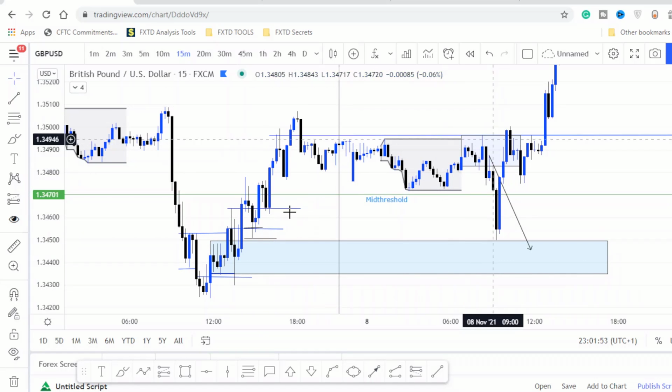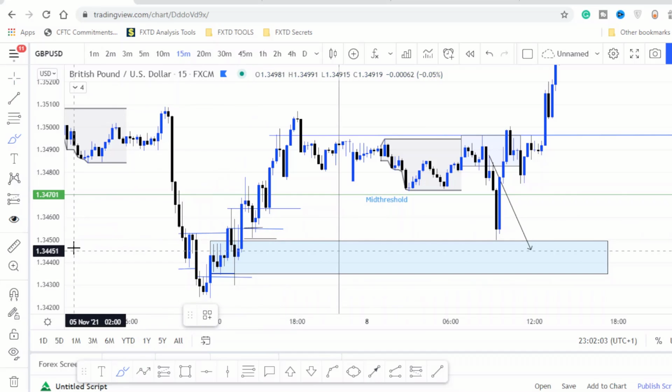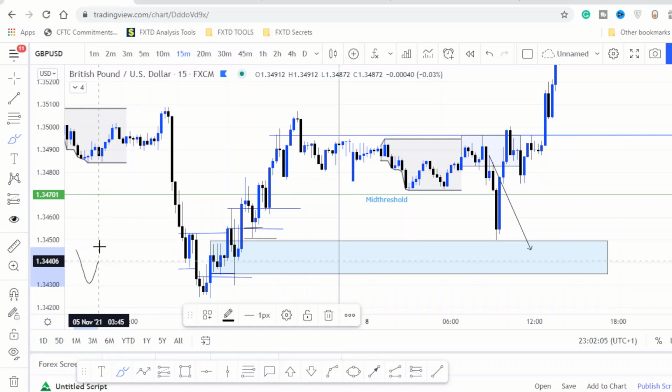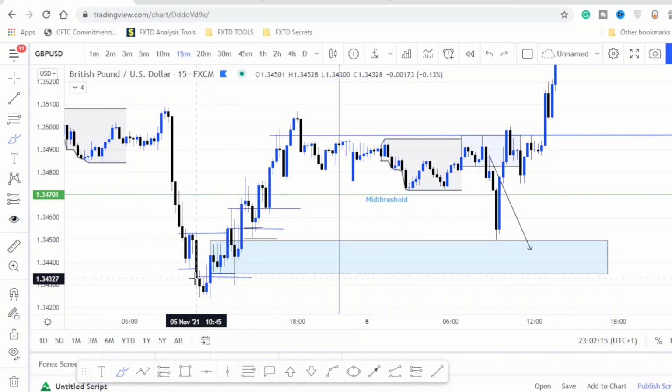Even before this happened, there was a rally like this. You can see it right there. We have our order block there, a rally off, and a return to the order block. Price began to buy. So definitely it took out liquidity.